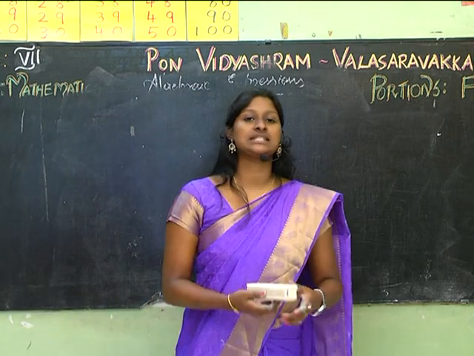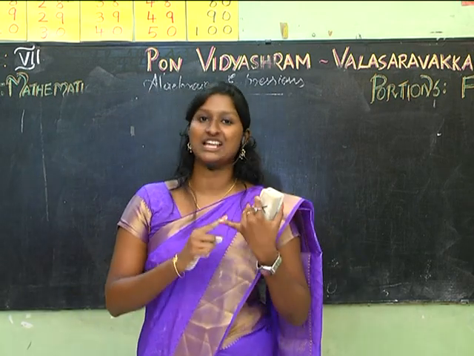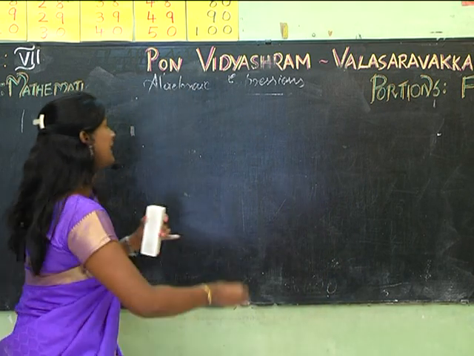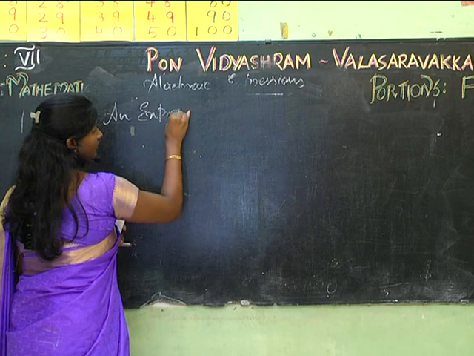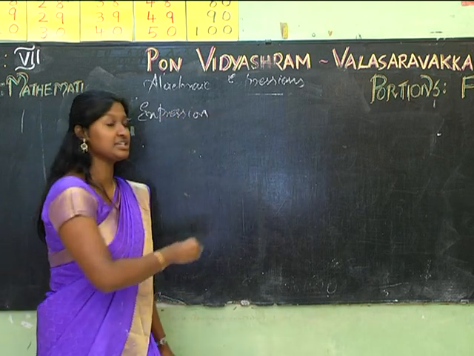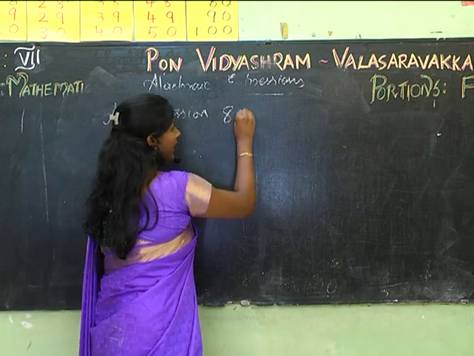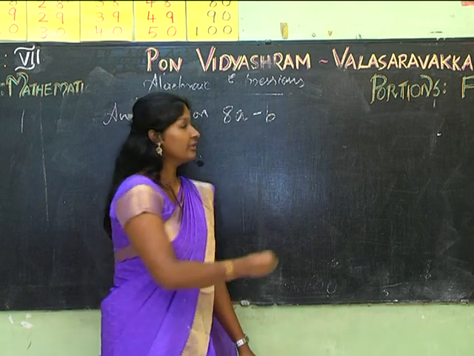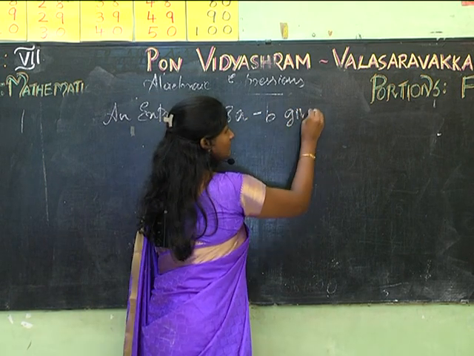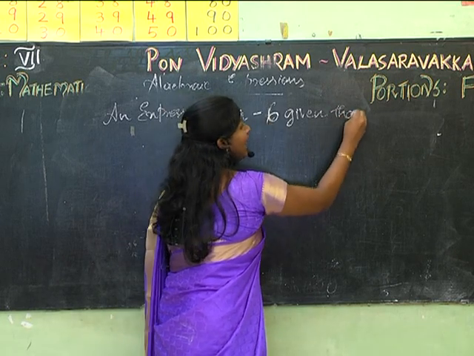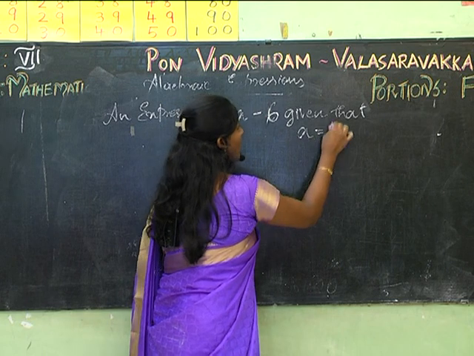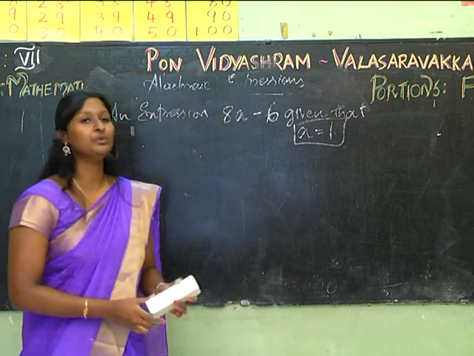And the next topic is finding the value of the given expression. If I consider an expression as 8a minus b, given that the value of a as 1 and b as 6.